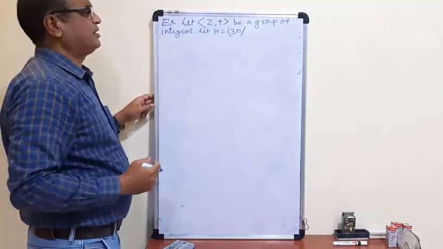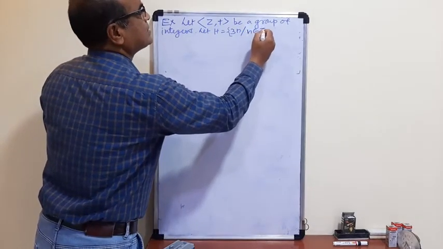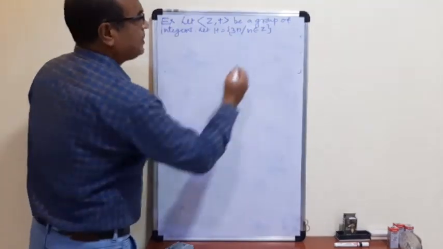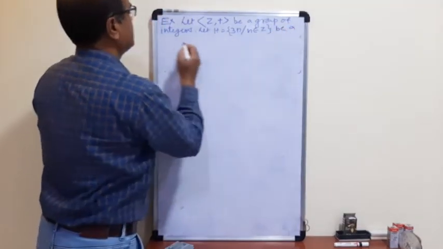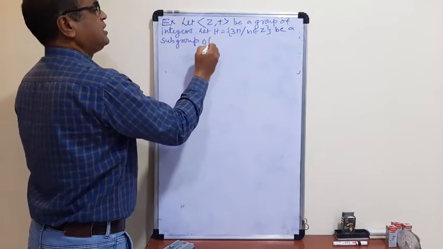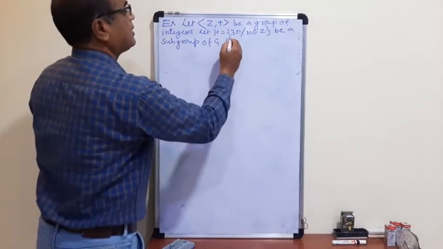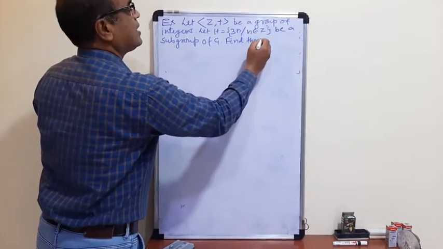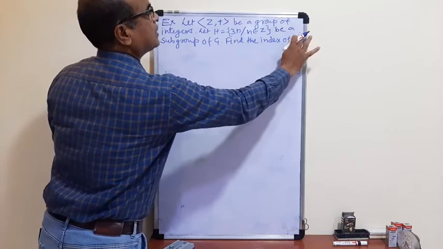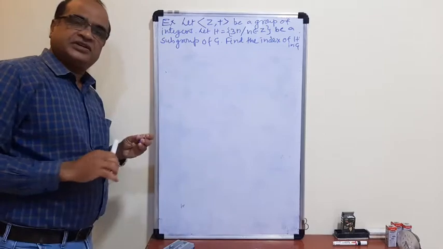H is the set of all such 3n where n are elements from the integers, a subgroup of G. Find the index of H in G.